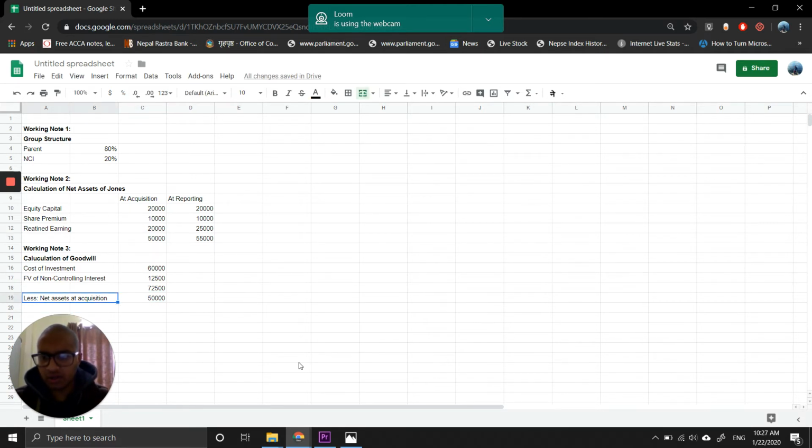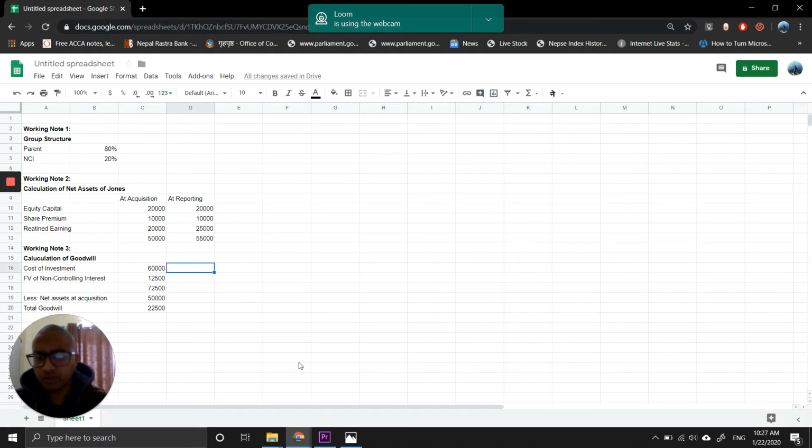So our goodwill will be, or you could also say total goodwill, because if you're using the fair value method, then you will get total goodwill, whereas if you're doing it from the other method, then you will only get the normal figure. Okay, so I'll show you a bit of the difference as well. We subtract this figure from this figure, and we get 22,500 as our goodwill.